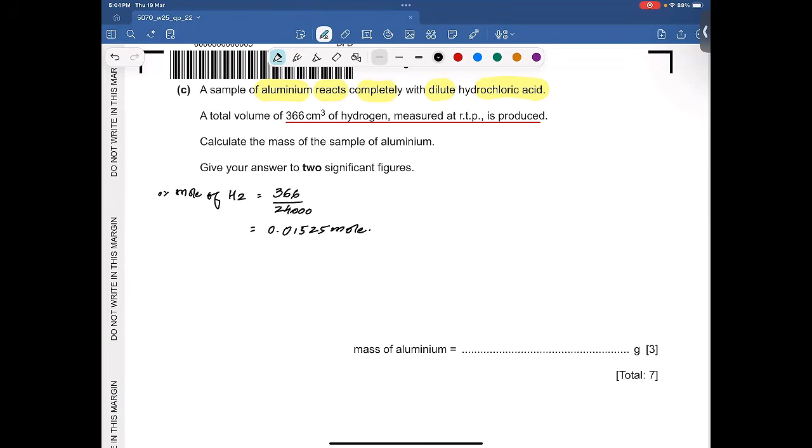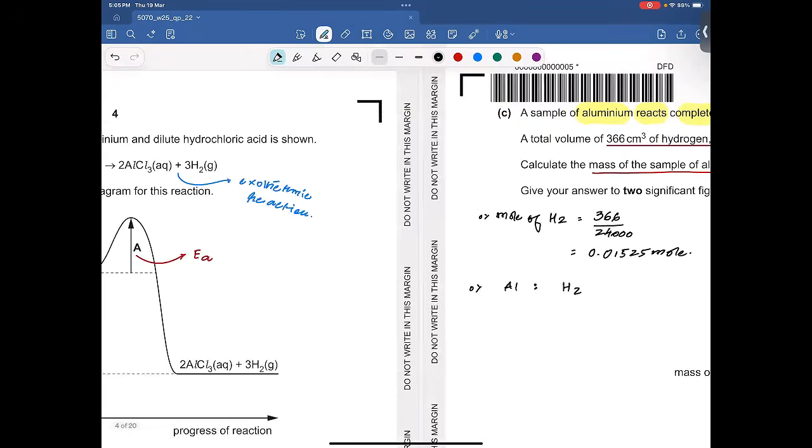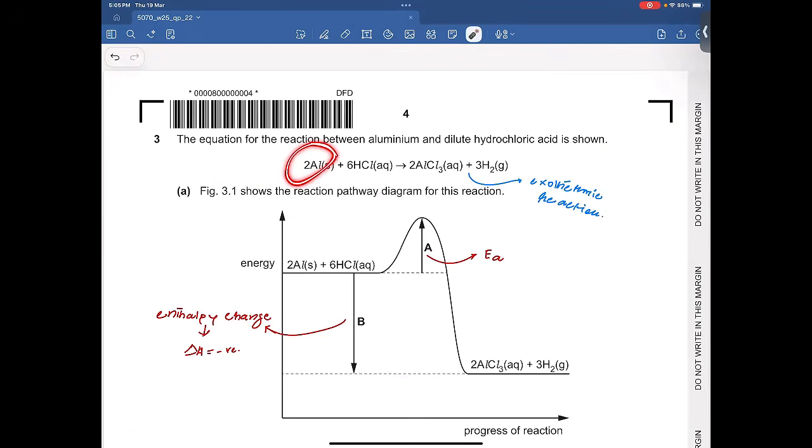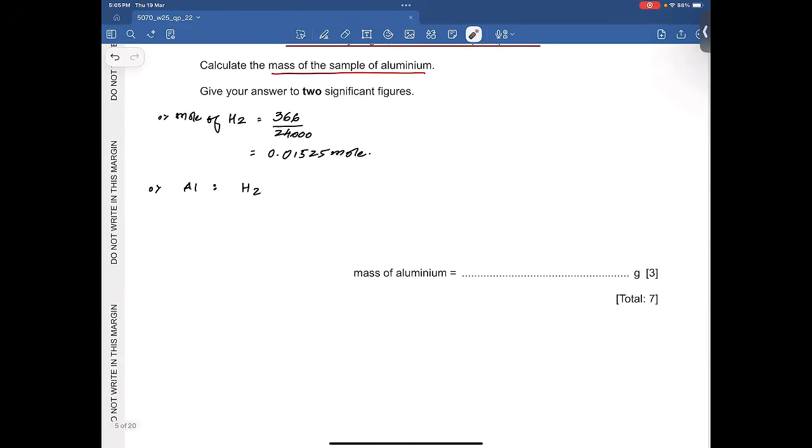The examiner is looking for the mass of the sample of aluminum, which means first I need to find the moles of aluminum, and for that I'm going to use the molar ratio from the equation. So aluminum has 2 moles and hydrogen has 3 moles. So the molar ratio between aluminum and hydrogen is 2:3.